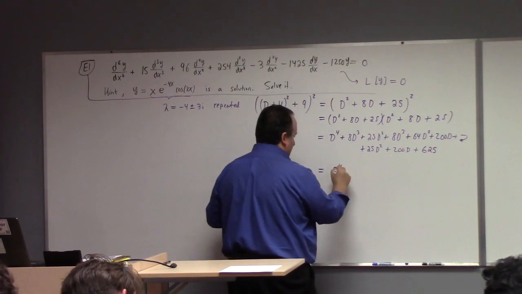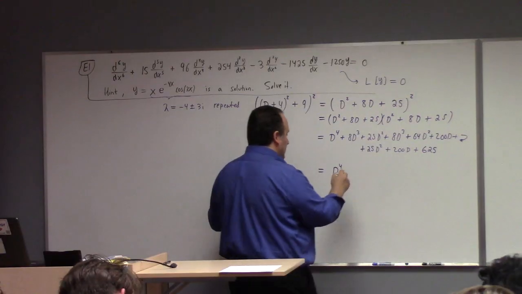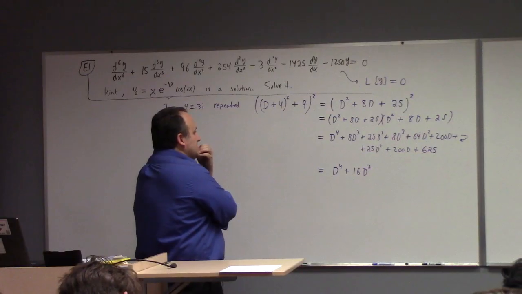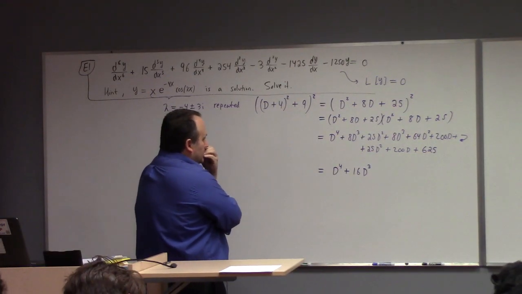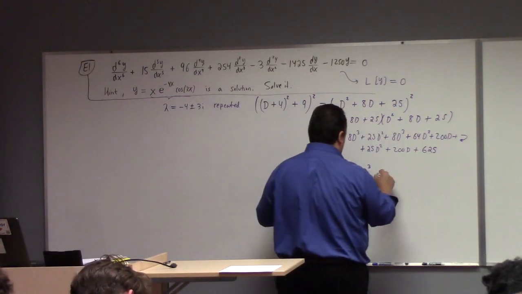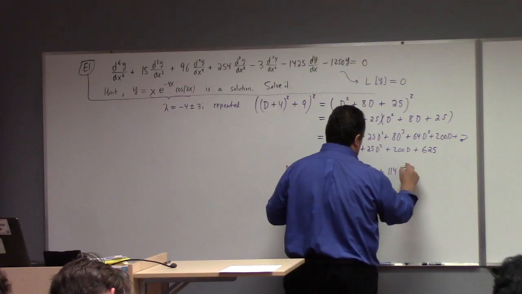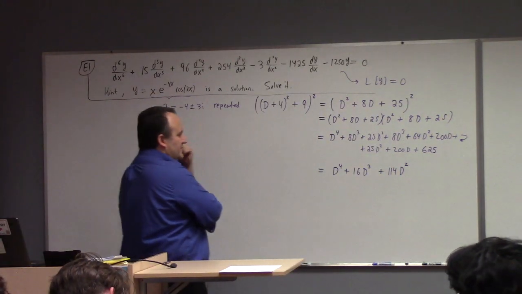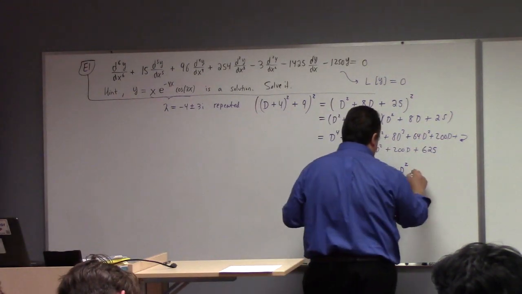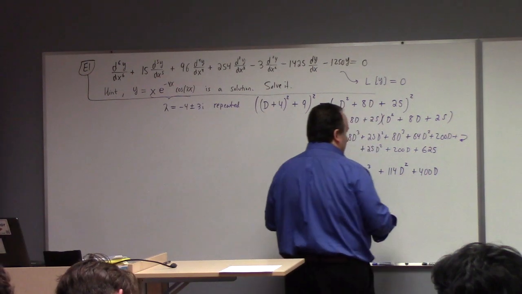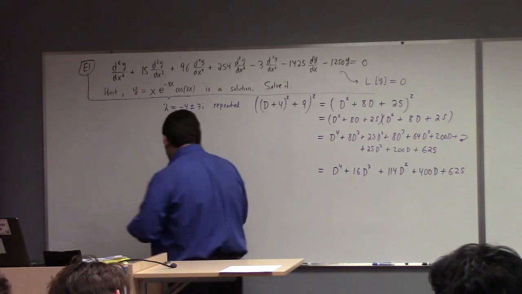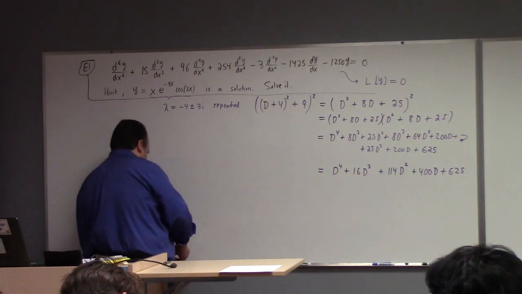That's d to the fourth, 16d cubed, 114d squared, is that right? I think 50 plus 64 is 114. I got 400 derivatives in here, 400d, and plus 625. Okay, great.